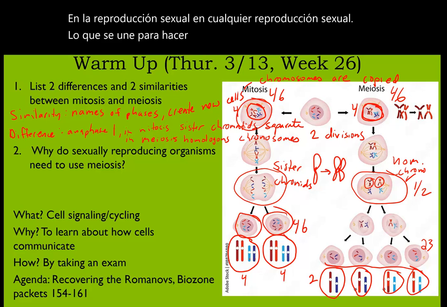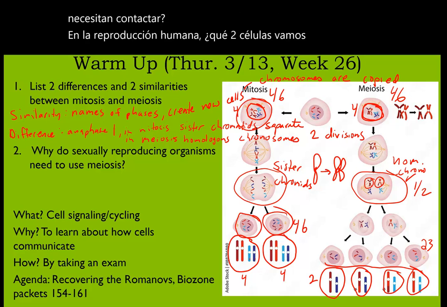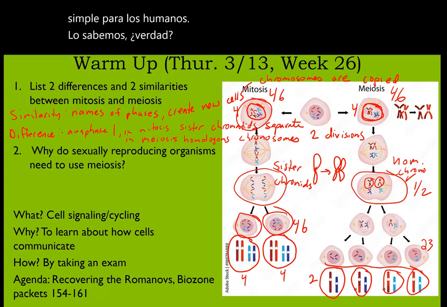What 2 cells need to contact? In human reproduction, what 2 cells? Let's keep it simple for humans. We know this, right? What needs to come together in humans, Jasleen?